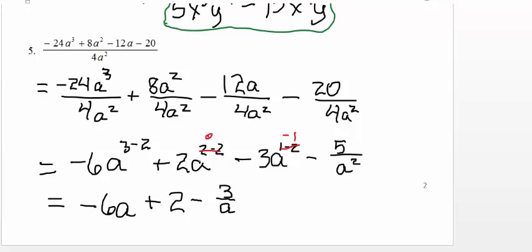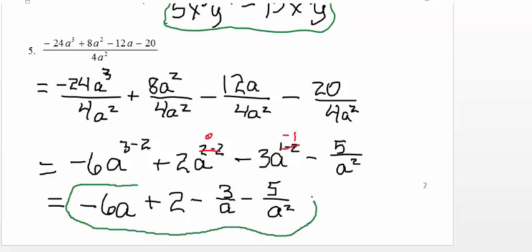Here the 0 exponent only applies to the a, not to the 2. And then finally, I have negative 5 over a squared. And this is the final answer.